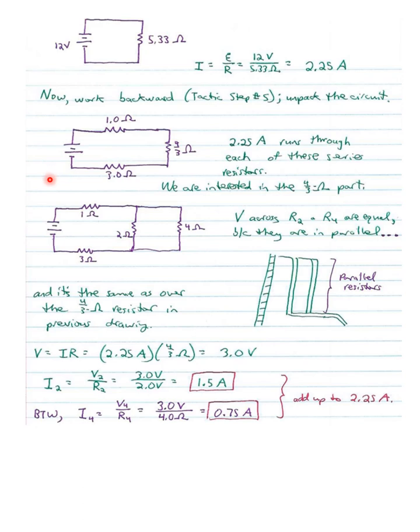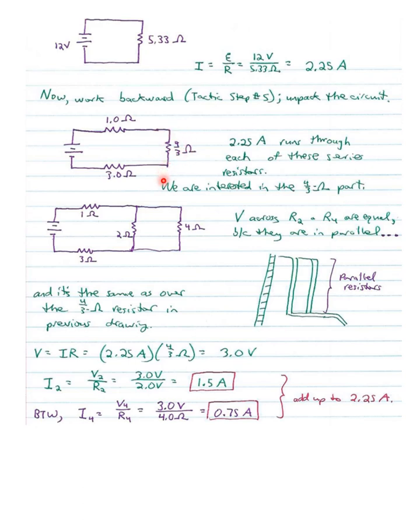Because ultimately we are going for the current in the 2 ohm resistor, we're really concerned about what's going on in this branch right here, resistor 2, 4, because it's going to include resistor 2. So we recognize that 2.25 amps runs through each of these resistors, and now we're going to focus on the 2.25 amps that runs through this resistor 2, 3.